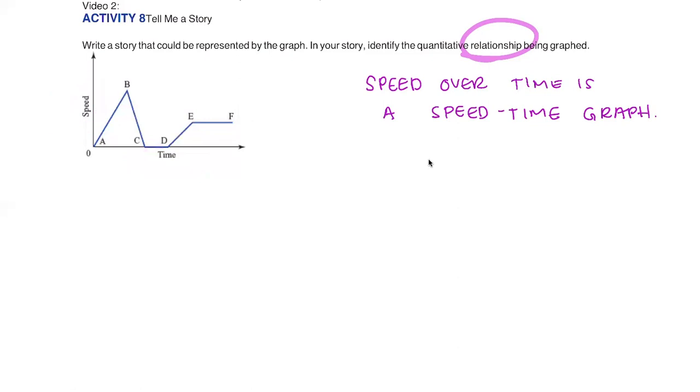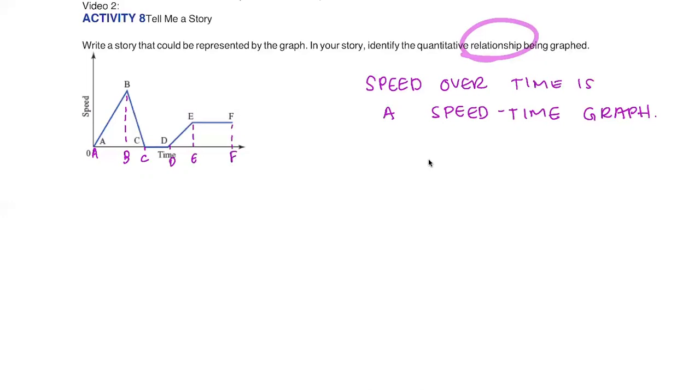Now, these letters are actually associated to points in time. So we have time A at the origin, time B, time C, time D, time E, and time F.